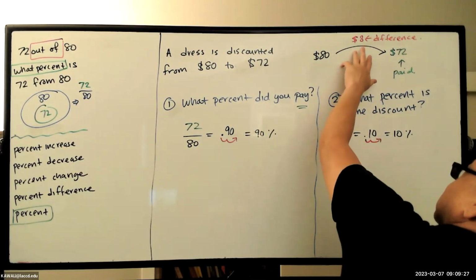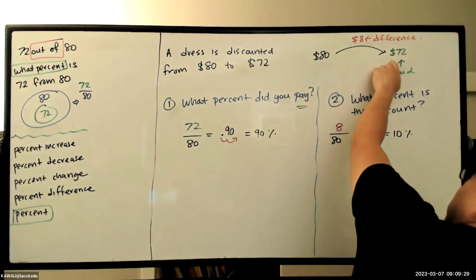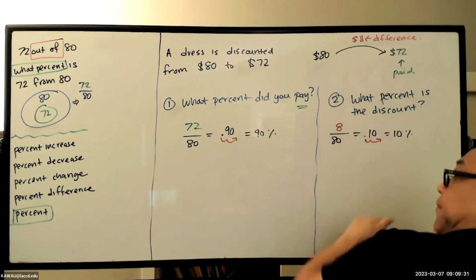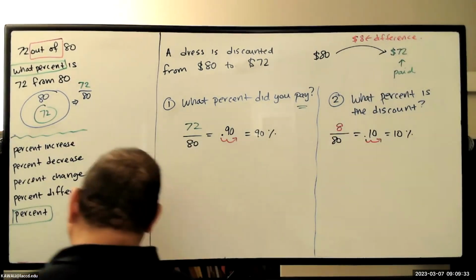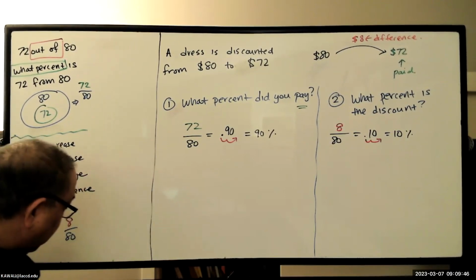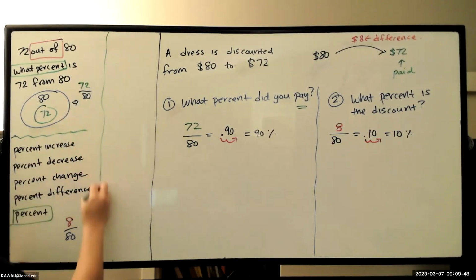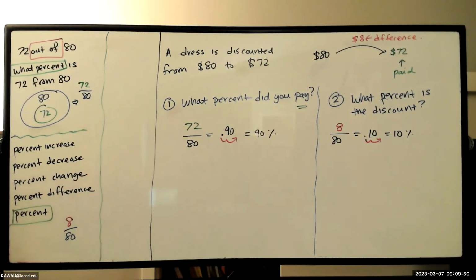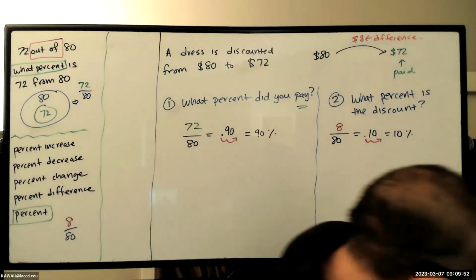The difference, the change, or where we ended up. So for these, you want to do something like the 8 out of 80 case. Okay, so let's do some problems.